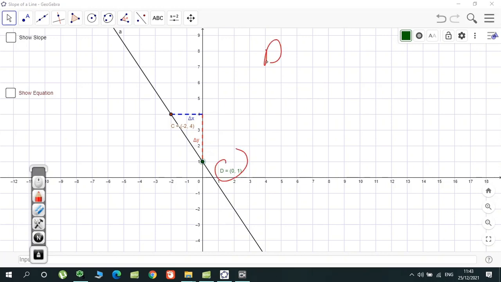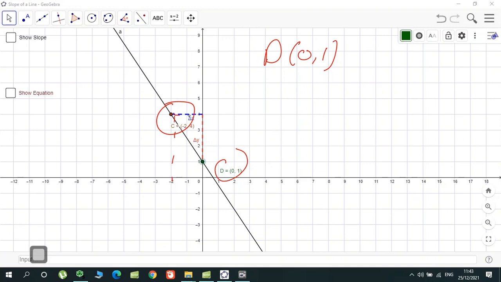Let's check that one. What is the point D? I'm going to write here. D is 0 and 1. What is the point C? Minus 2 and 4. C is minus 2 and 4. So how can I calculate the slope of a line passed through these points? Let's say x1, y1, x2, y2.